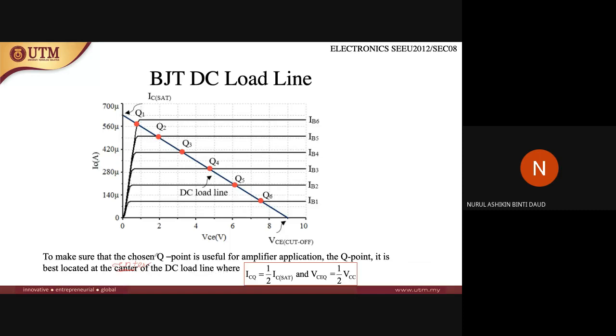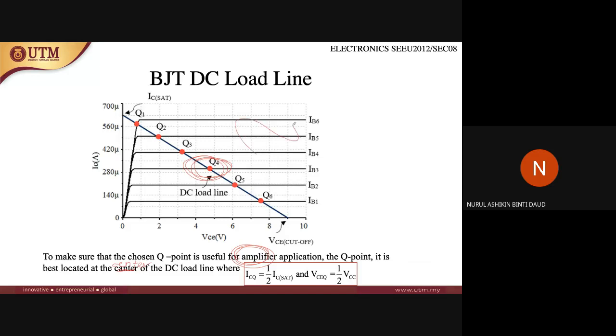For you to make sure that the Q point can be used as an amplifier, you have to make sure that the Q point is at the center of the DC load line. For this graph, the Q point you want to choose is Q4, because at Q4 it is in the middle and it will amplify nicely.